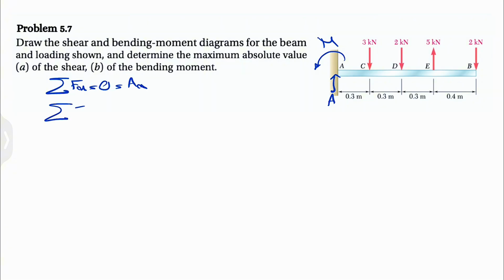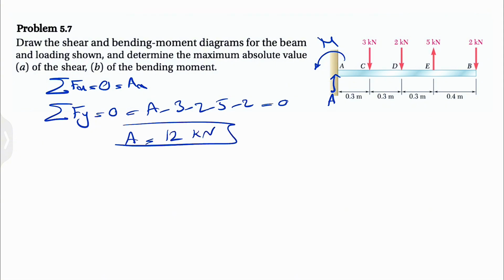We have sum of all forces in y equals 0, where we have A minus 3 minus 2 minus 5 minus 2 equals 0, which means our A in here would be 12 kilonewtons. And for finding the moment at A, we just have to find the moment about A, counterclockwise positive, our sign convention.